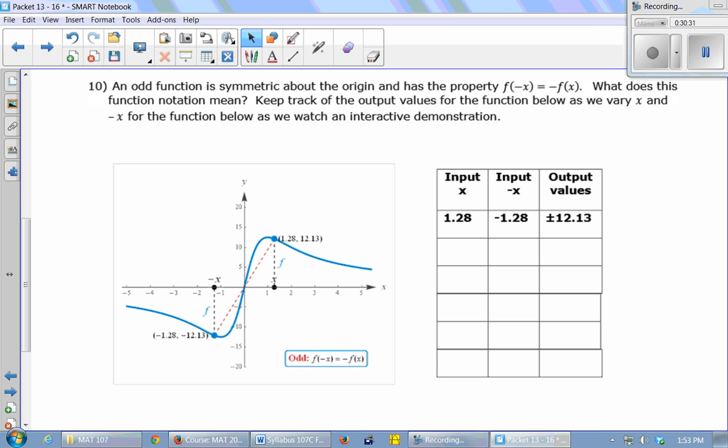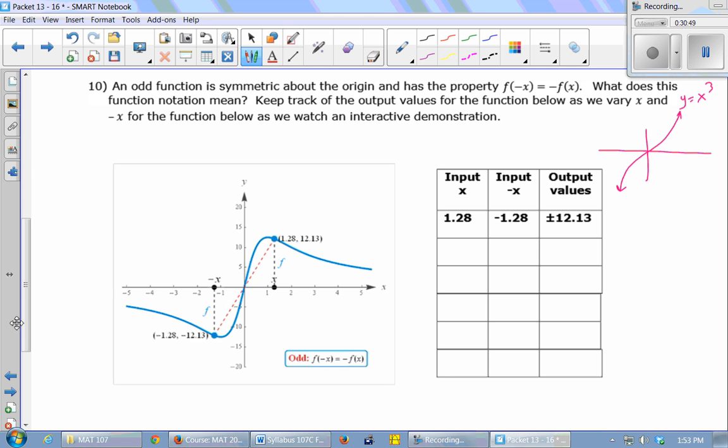So that's a special kind of symmetry that we call origin symmetry, and we call it an odd function. And x cubed is kind of the classic example of an odd function. Looks like that. If you folded it over x and then over y, those two pieces would match up. And that exponent of 3 is why we call this kind of symmetry odd.